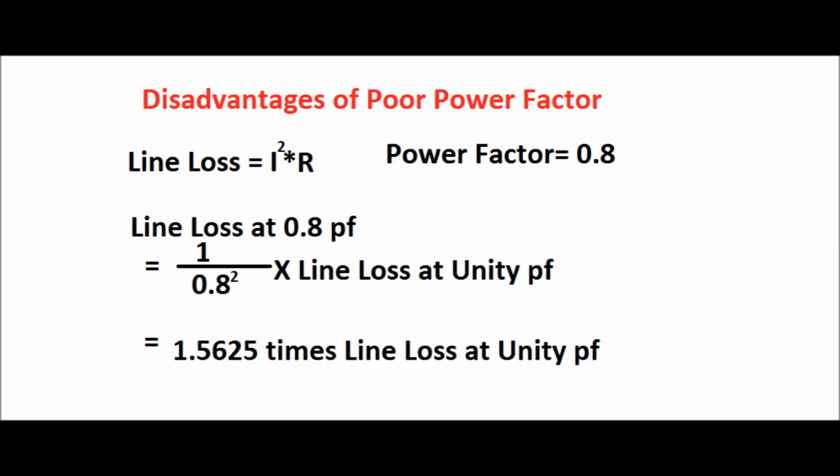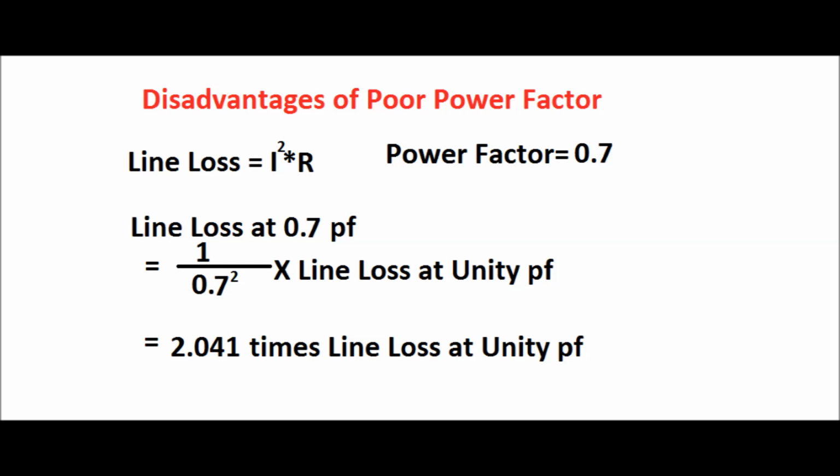So if the power factor decreases from unity to 0.8, the line loss will increase 1.5625 times. Again, consider the power factor as 0.7.